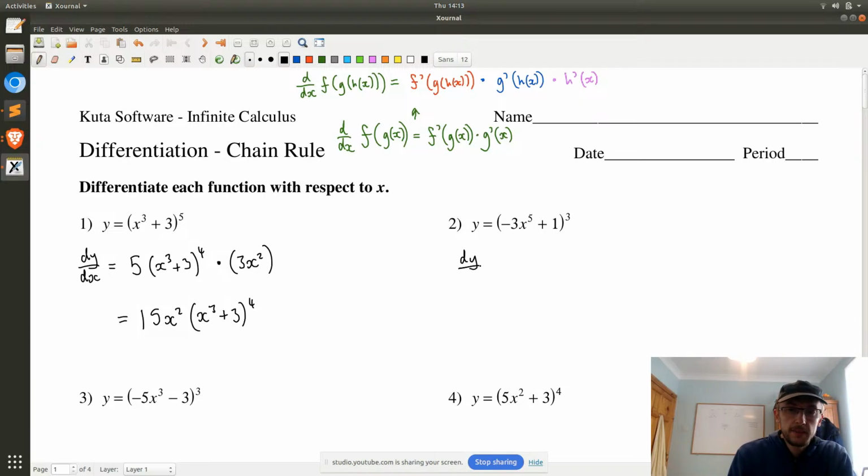We'll try again. Okay. Differentiate the outside function and leave the inside one alone, times the derivative of the inside function, which is this. And then clean it up.